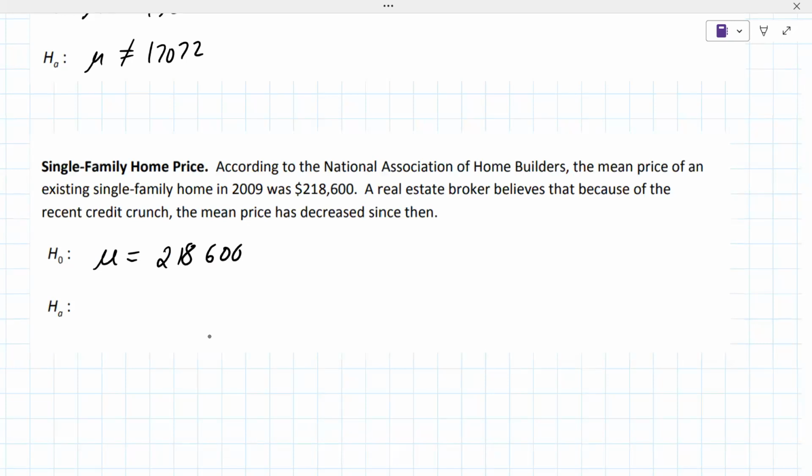Yeah, you can just give me the digits. That's more than enough. Okay. And then what's the alternate? Since it says decrease, it'd be less than. Same number. Yeah. Okay. Are you getting a sense of how to do this? Yes, this is helping.